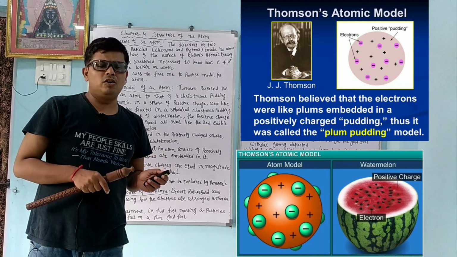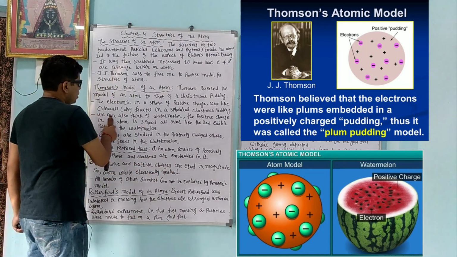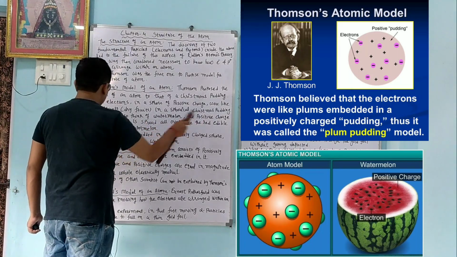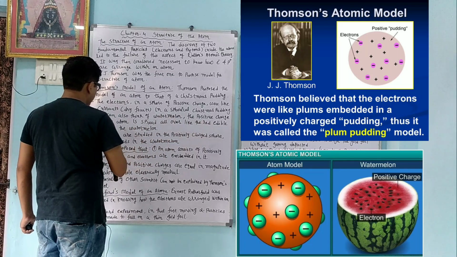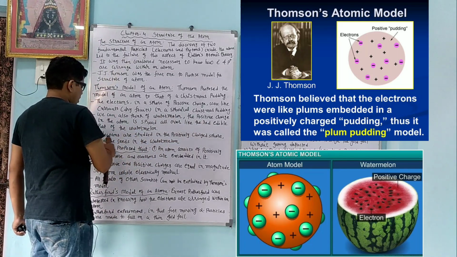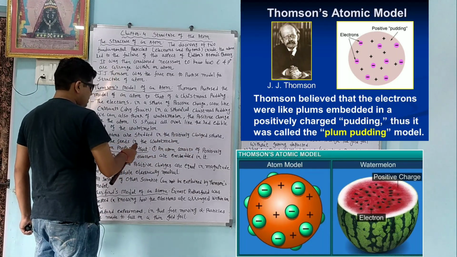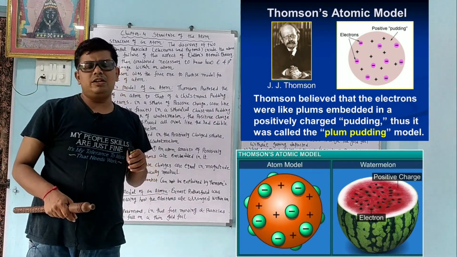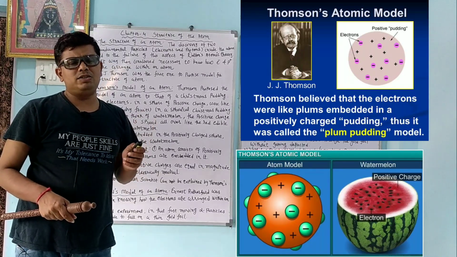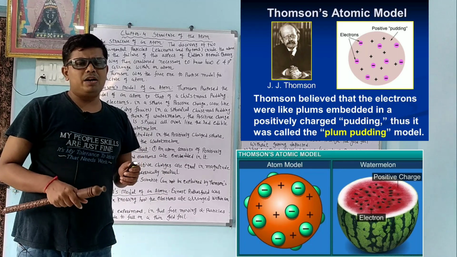So that was the model of J.J. Thomson. The positive charge in the atom is spread all over like the red edible part of the watermelon. Electrons are studded in the positively charged sphere like the seeds in the watermelon.